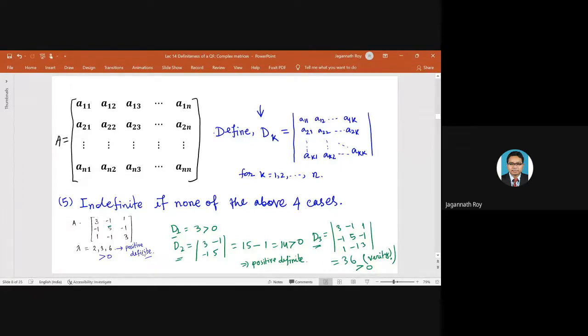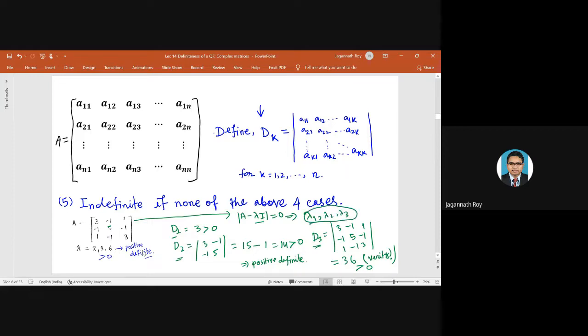In fact, for a 3 by 3, I can feel that this will take less time than finding the characteristic equation, because there you have to find the characteristic equation, A minus lambda I, and then factorize and simplify to find the eigenvalues lambda 1, lambda 2, and lambda 3.